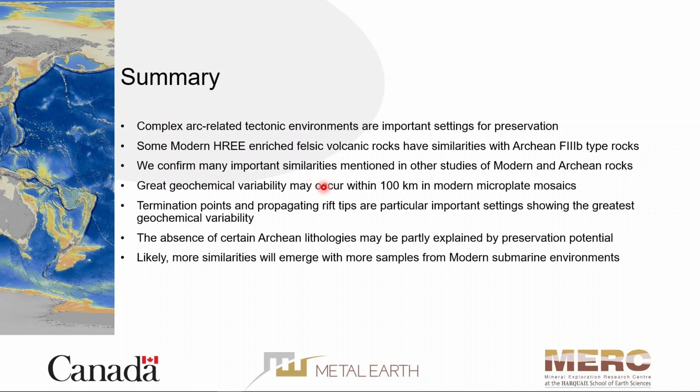But we also really want to highlight that in a complex microplate mosaic, like the northern Lau basin, where we have multiple spreading centers partly overlapping each other, those areas are producing quite an unexpected amount of geochemical variability.